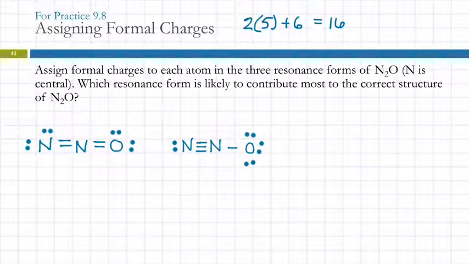I can accomplish octets doing that, right? What about putting the triple bond on the other side with the oxygen? So 2, 4, 6, 8, 10, 12, 14, 16.